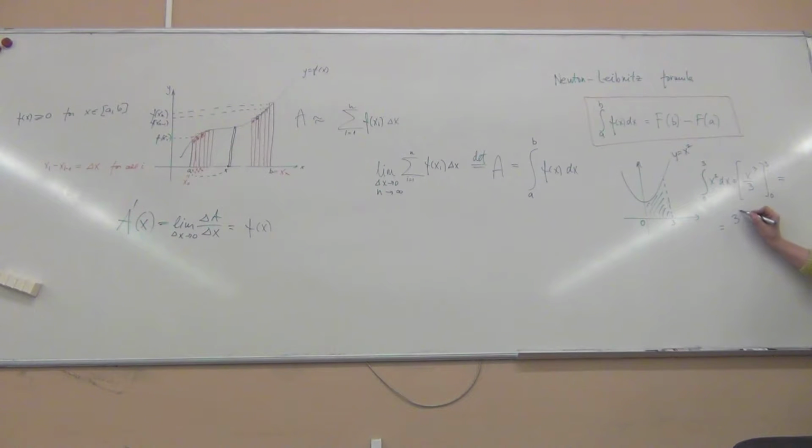So I would say 3 cubed over 3 minus 0 cubed over 3, which is 9. I could say square units, because I don't have any specific scale. Nobody has told me that the unit has to be 1 centimeter or 1 meter or 1 inch or something else. So this is how we find these areas.